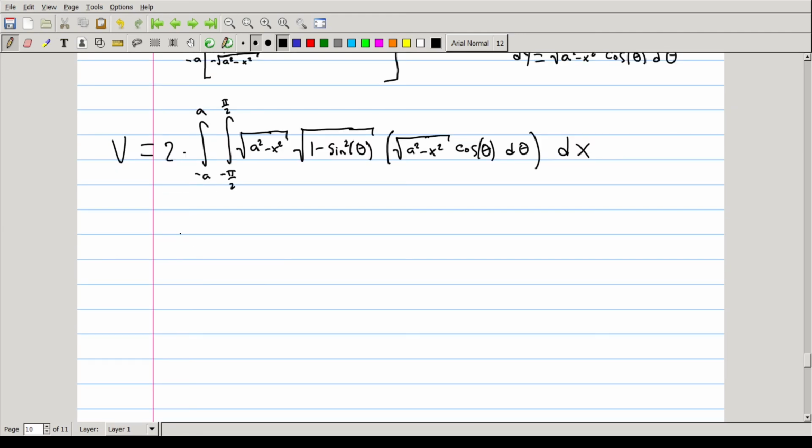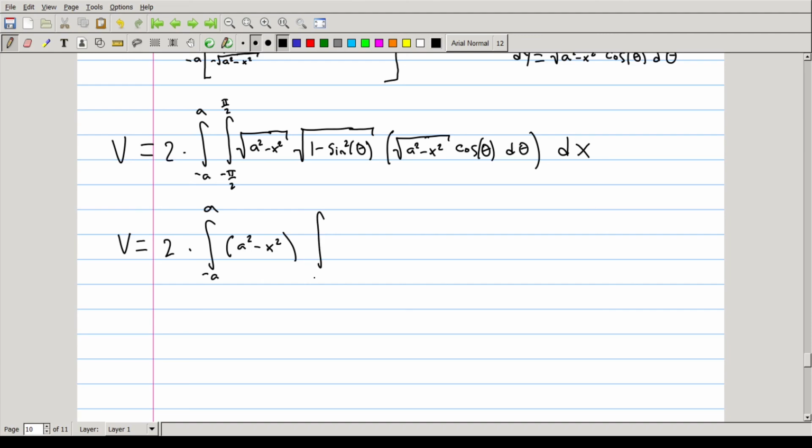However, you notice that this is the same thing as 2 times the integral from negative a to a of the square root of a squared minus x squared times the square root of a squared minus x squared, which gives us a squared minus x squared, which comes out of this integral because this is a theta integral right here. 1 minus sine squared is cosine squared.